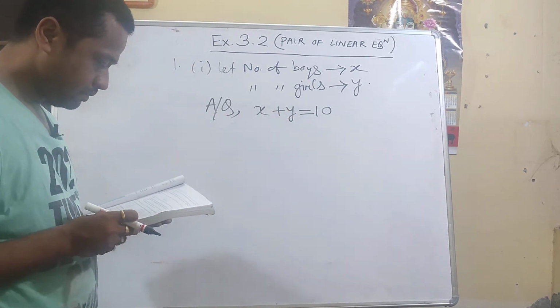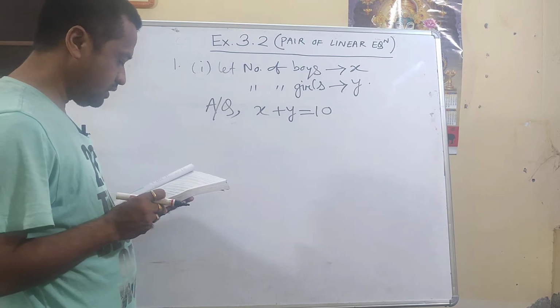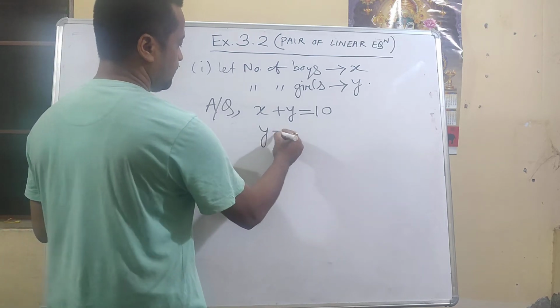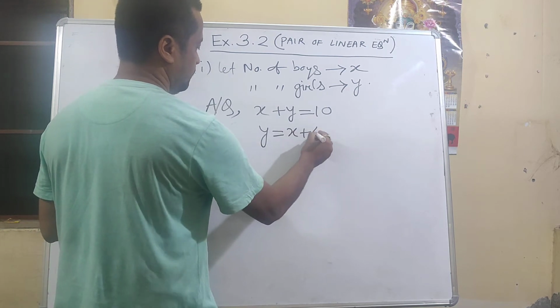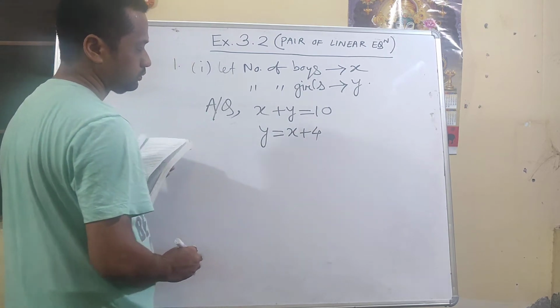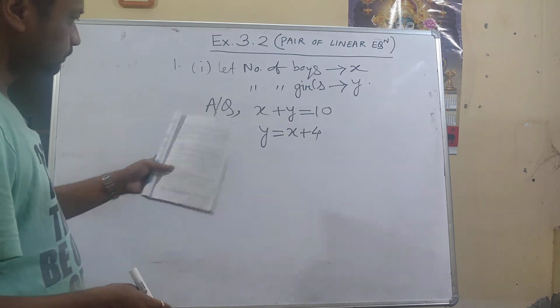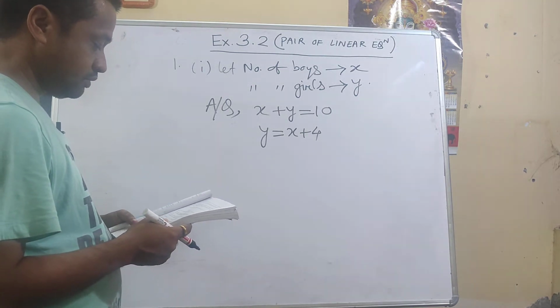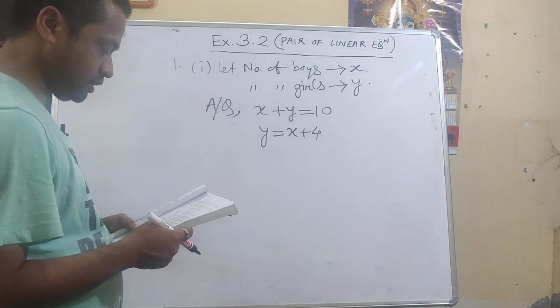That is the first condition. The second condition: the number of girls is 4 more than the number of boys, so y is equal to x plus 4. So these are the two equations.